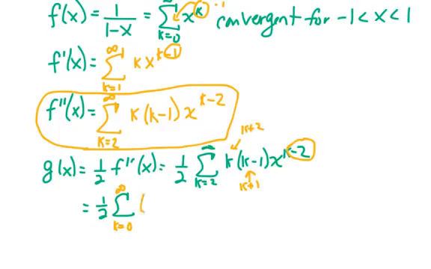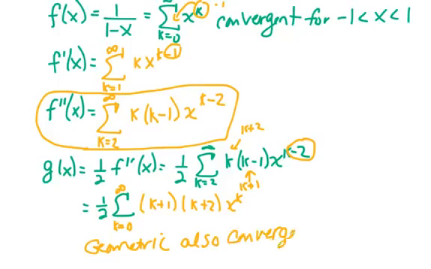So we've got, ordering them a little differently, k plus 1 times k plus 2 times x to the k. And that's a geometric series. And we know that this also converges for -1 to 1. So that's how you differentiate one function to get to another function through the power series.